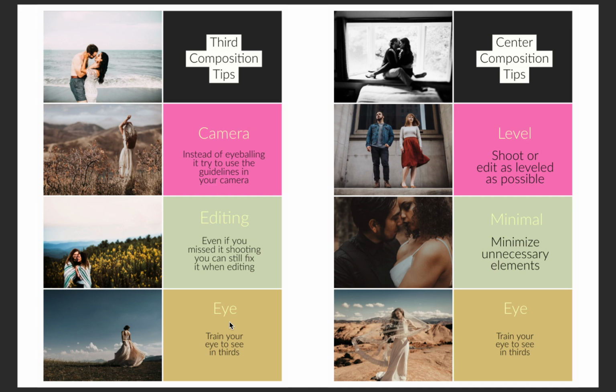So how can you frame what's in front of you in a way that will translate over into photography?